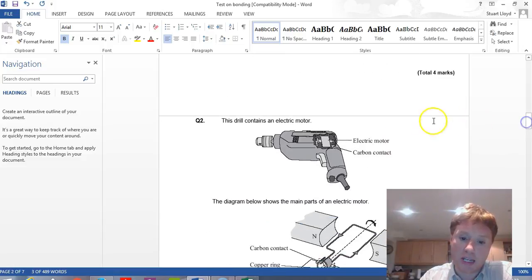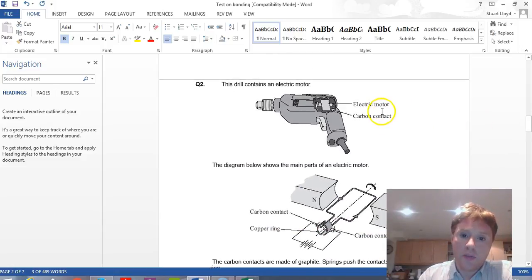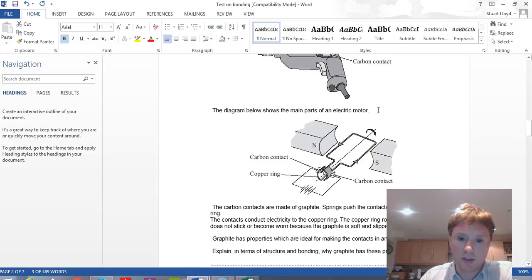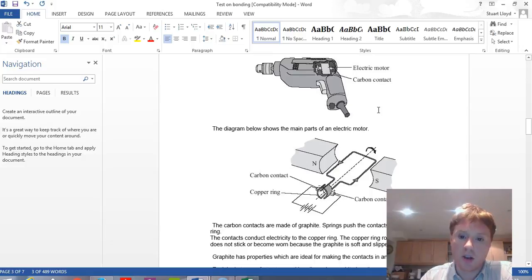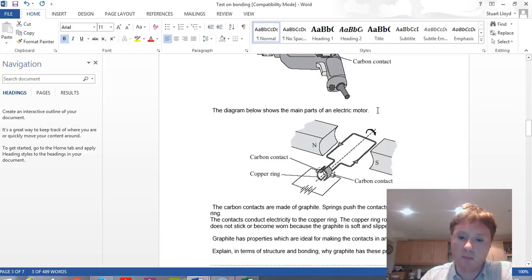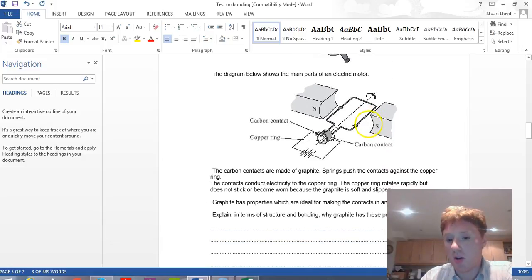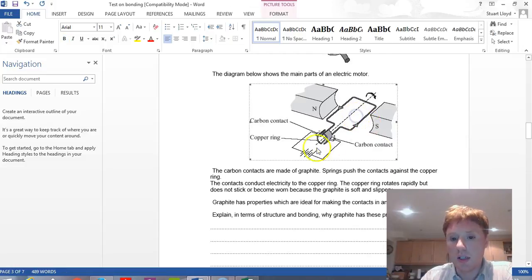It's all about graphite. This drill contains an electric motor. The diagram below shows the main parts of an electric motor. This is a picture you might see in physics at some point. So you've got the carbon, goes up there between two magnets.